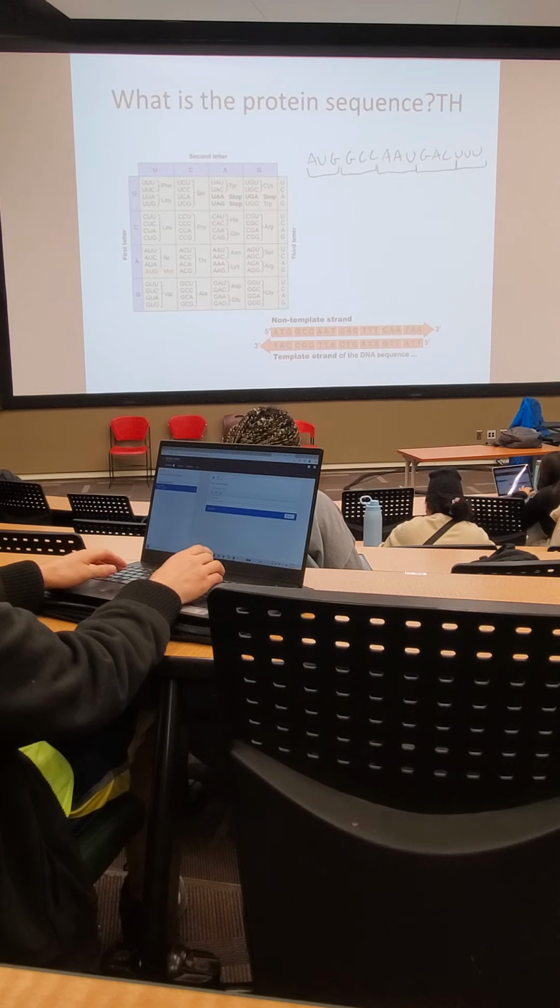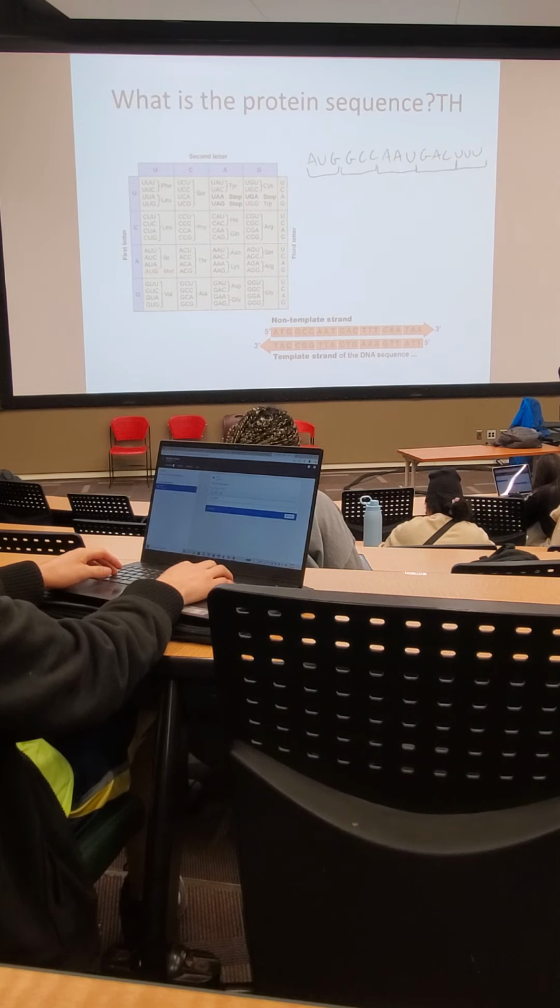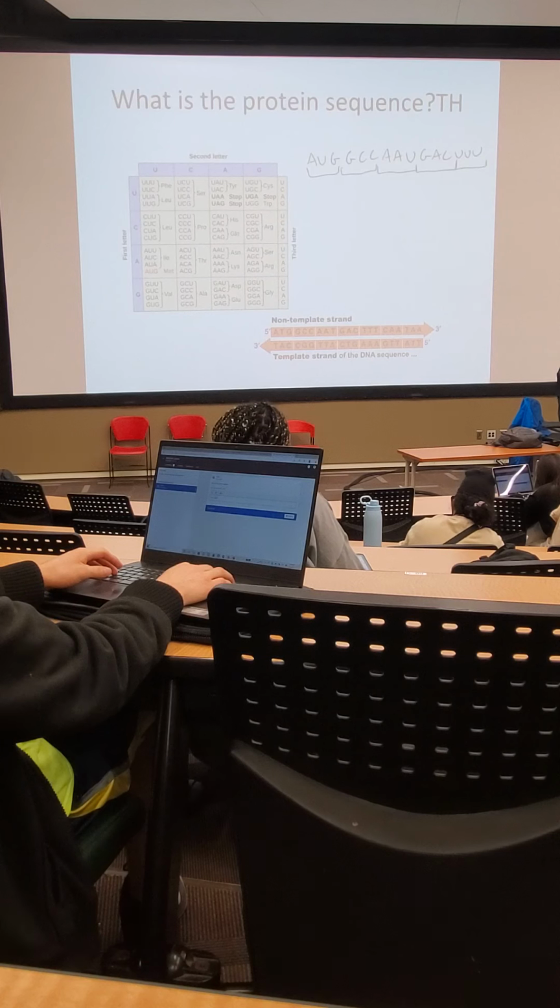How I use this table is, you want triplets, right? You want to identify 3. And this question, maybe you don't have enough information. We'll talk about reading frame in a little bit. We talked about it in the discussion yesterday.